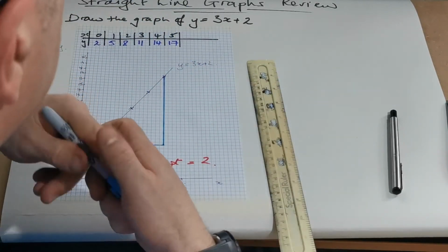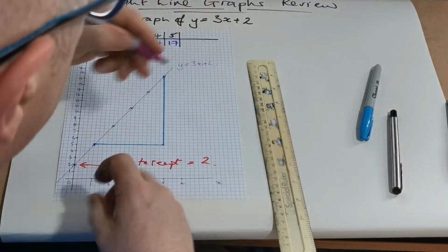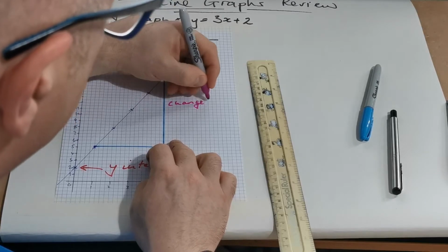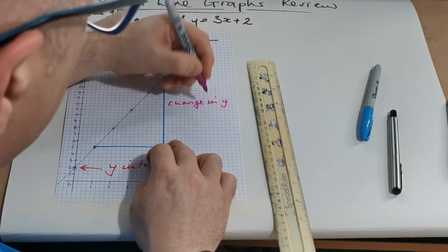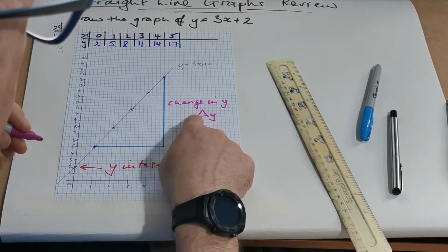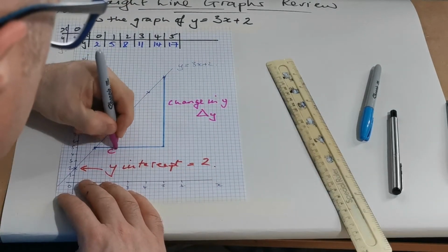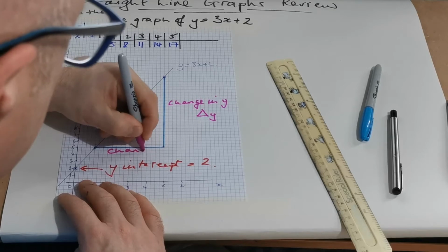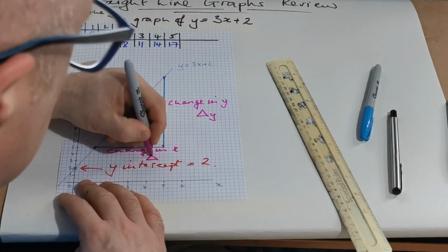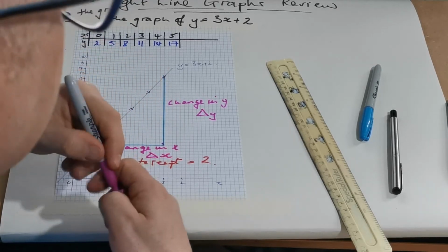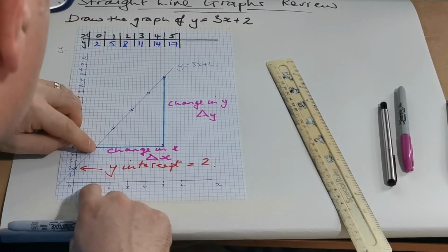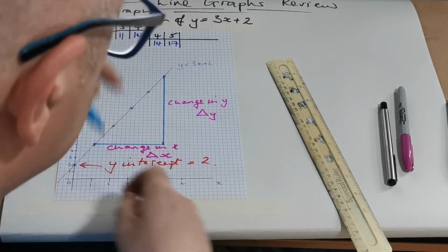So in order to find the gradient, I need to find the change in y, which I'm going to put as a delta y, like that, Greek capital letter delta. And I'm going to find the change in x, which is delta x. And my values from this graph here, change in x goes from 1 all the way up to 5, so that's 4.